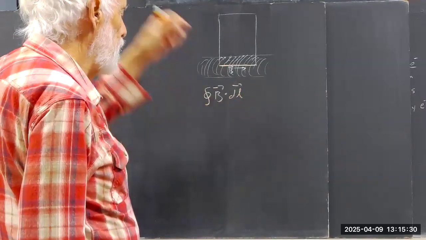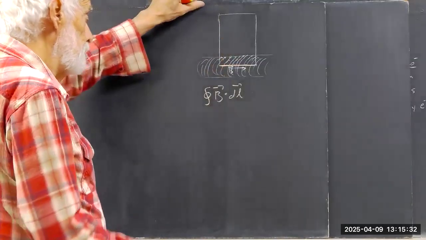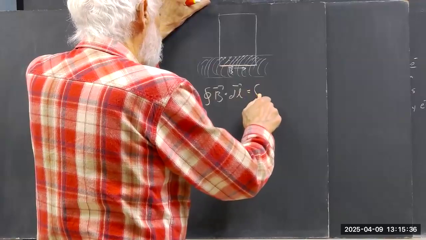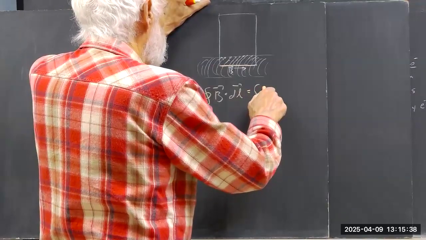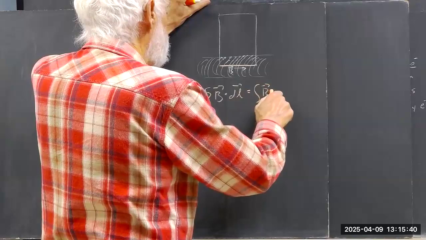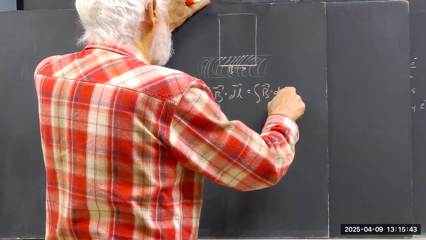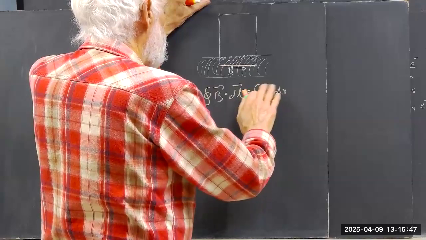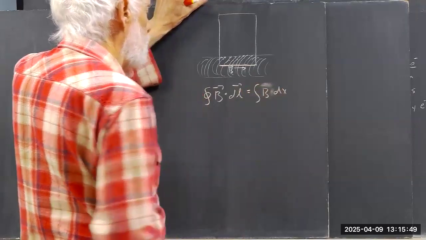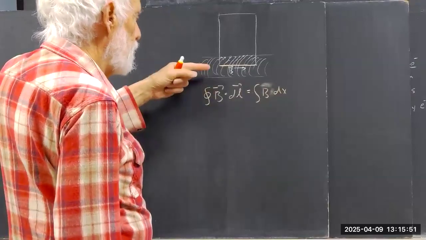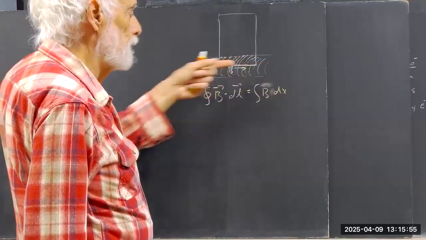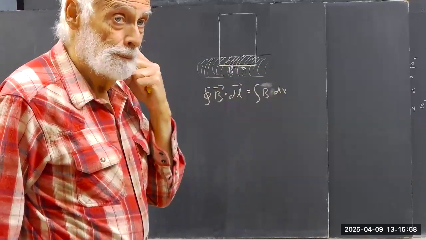So the integral of your B dot dl around the loop turns out to be just the integral, and I'm not even going to do a dot product because the magnetic field is parallel to this. Presumably this thing is in the direction of the axis.